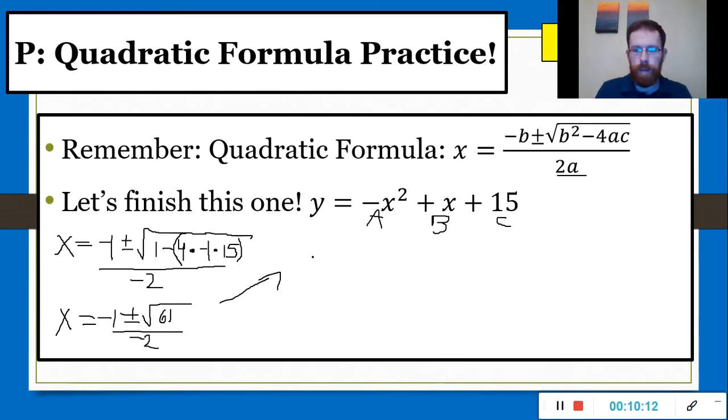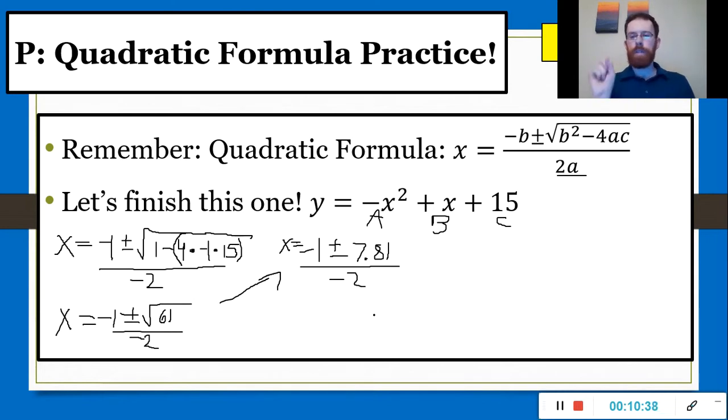Square root of 61, I would put as, remember x, our x value, is equal to -1 plus and minus 7.81 divided by -2. At this point, ladies and gentlemen, your problem splits off into two parts. One, where you have -1 plus 7.81, and then the other one where you have -1 minus 7.81.